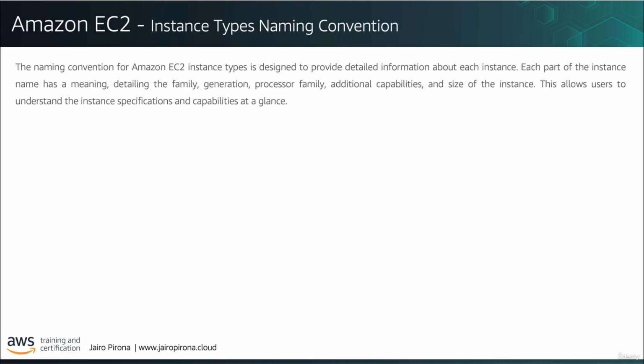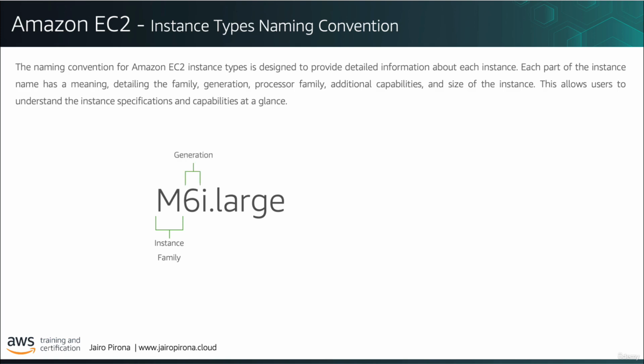So, before we look at the available instance types, let's talk about the naming convention for instance types. Here's an example: M6i.large. The first letter, in this case M, represents the instance family. The instance type M belongs to the general-purpose instance family.